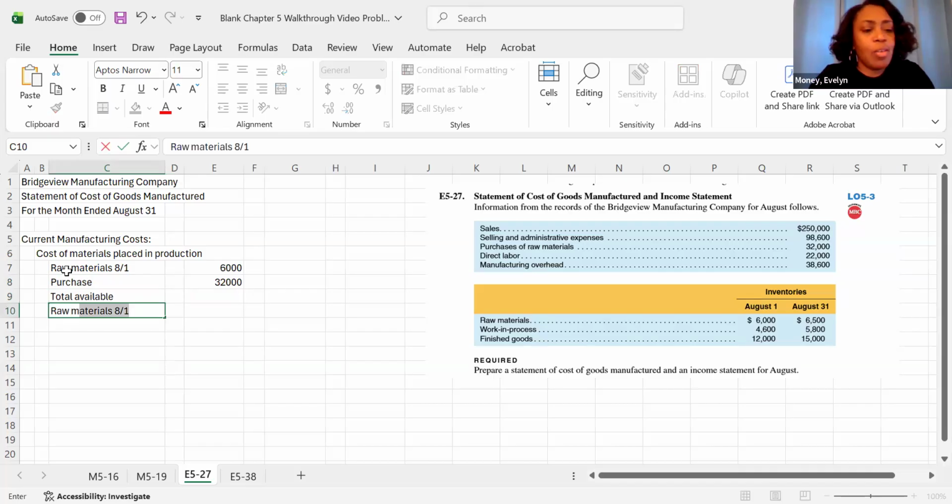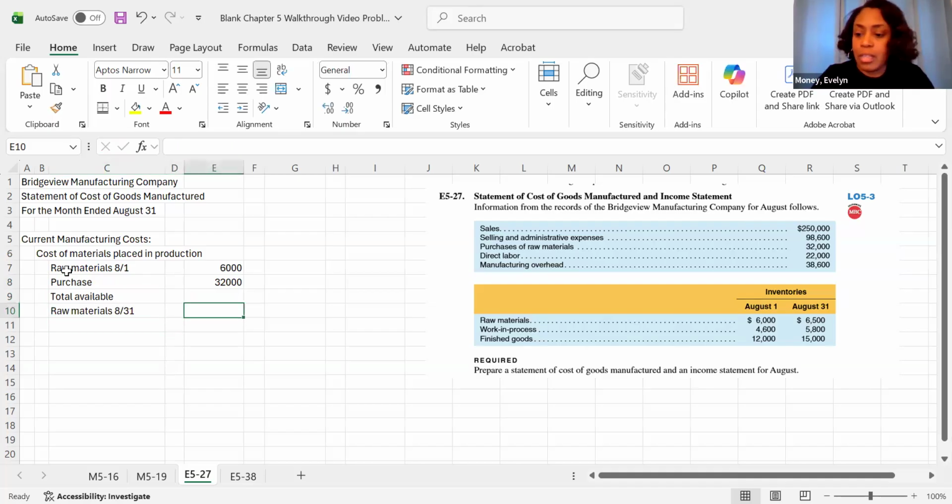Then we're going to subtract out raw materials at the end of the period. And that's 6,500.